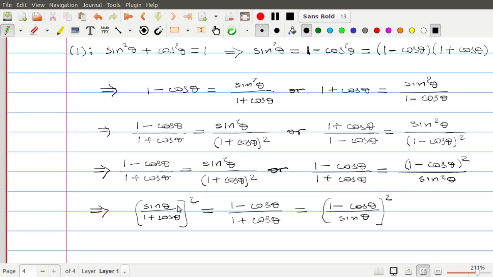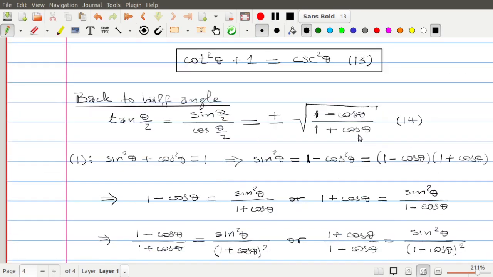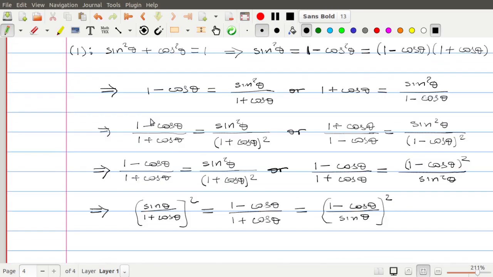Now you see that if I take the square root of this, we will get plus or minus square root of this expression. Similarly, the square root of this is plus or minus square root of that. And plus or minus square root of this expression is tan theta by 2.